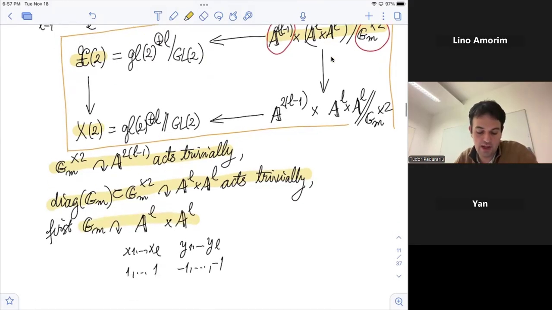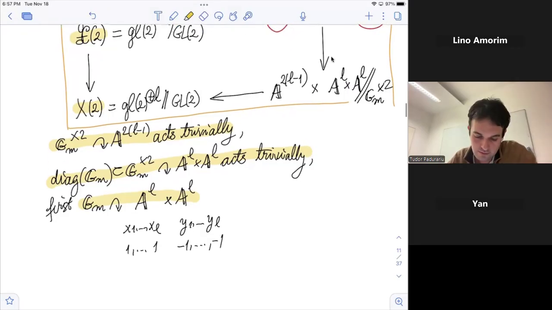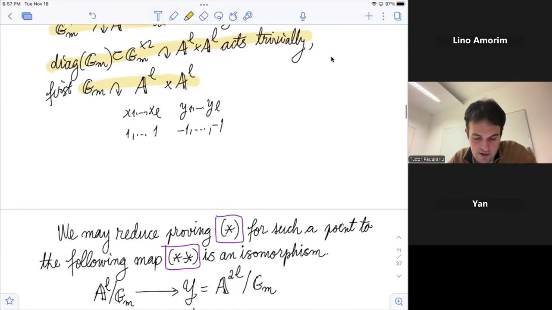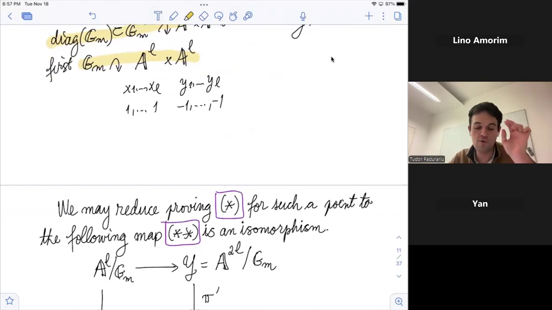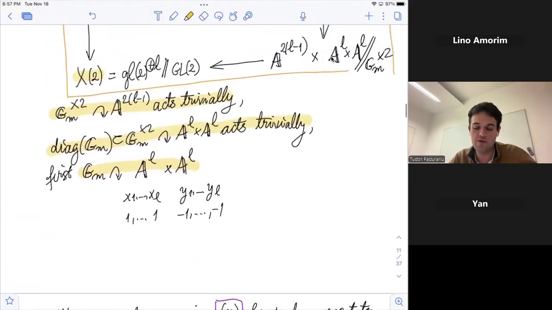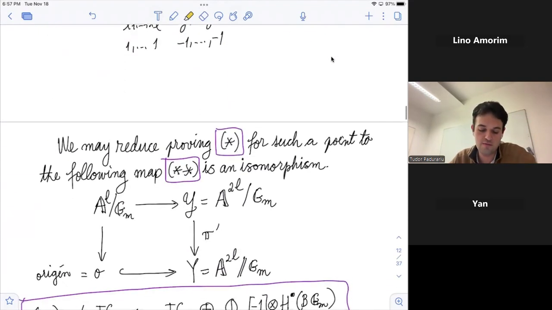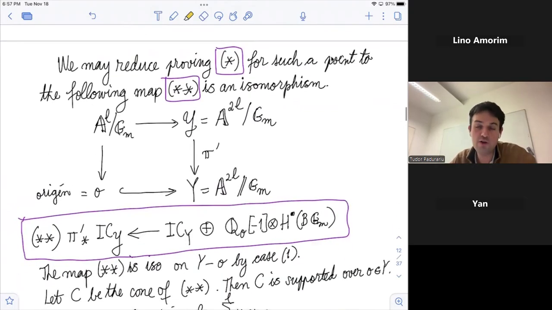This Gm will act on A^L with weight 1, and I also give a name to the coordinate, and with weight -1 on the second copy. So up to removing this affine space corresponding to the loops, on which the group acted trivially, and also rigidifying by this Gm that acted trivially, we reduce the statement to star star.